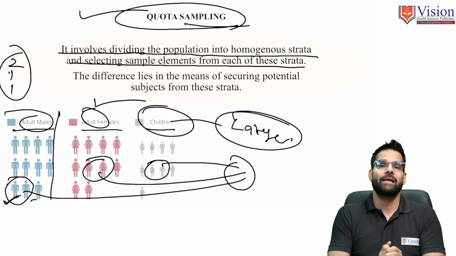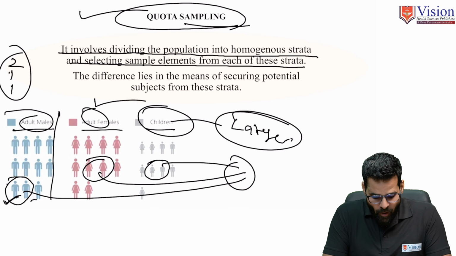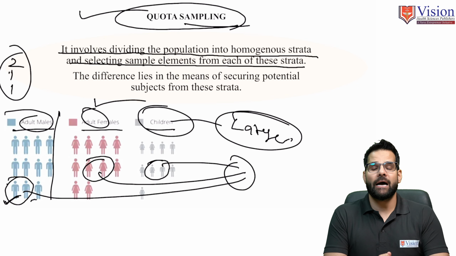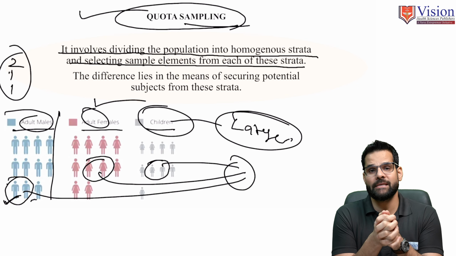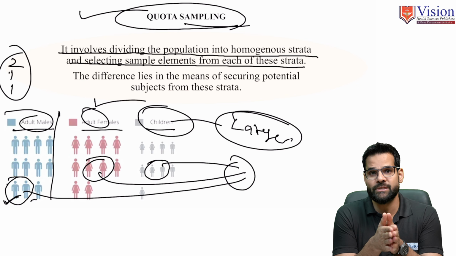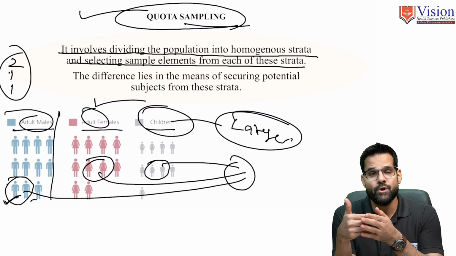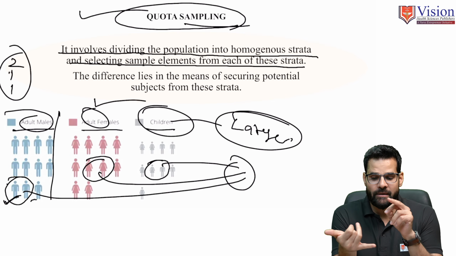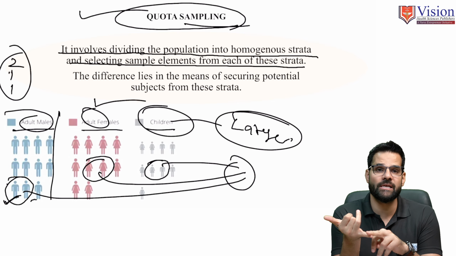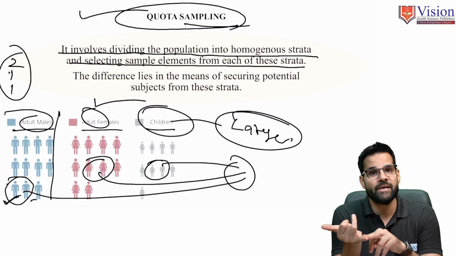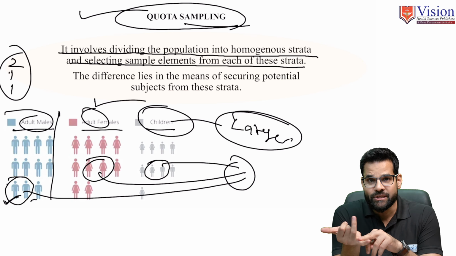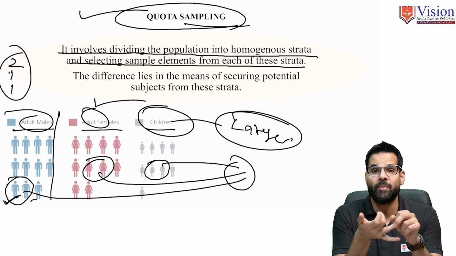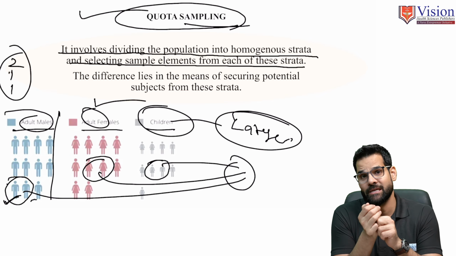If I sum up my lectures, non-probability sampling methods are the methods where we select the sample from the population in a non-random manner. Non-random means either based on your convenience or your judgment, or accidental or incidental selection, or referential selection or quota selection.